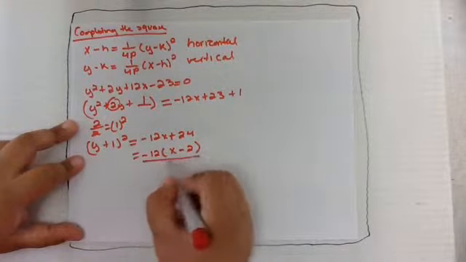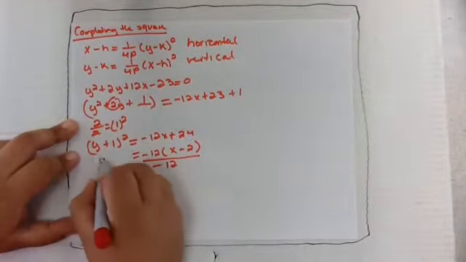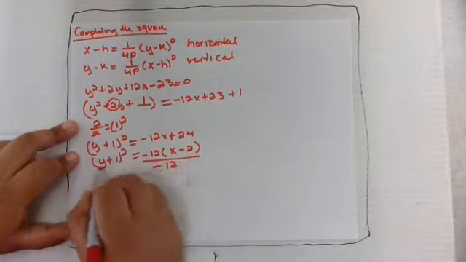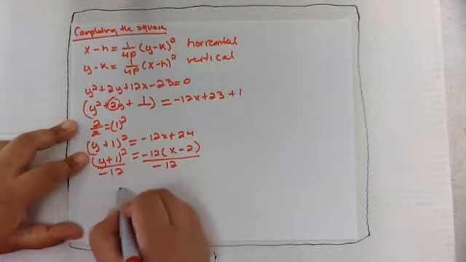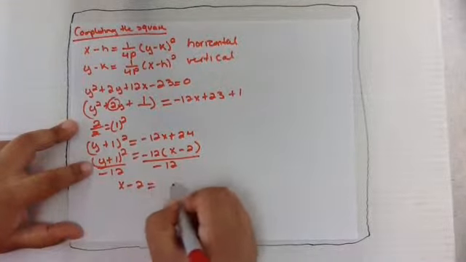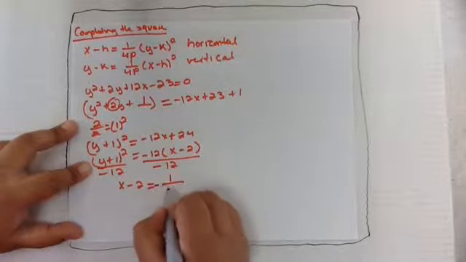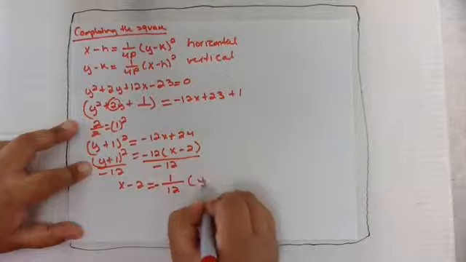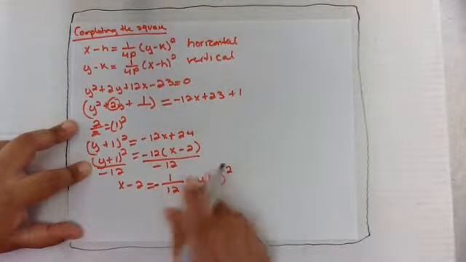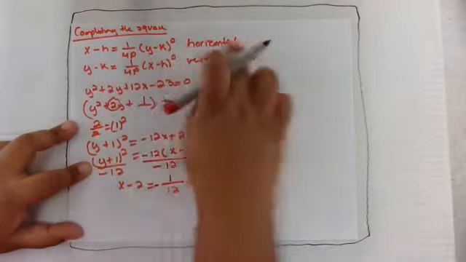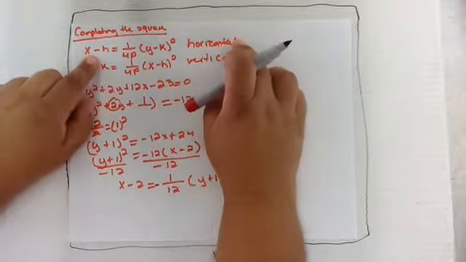Now I'm going to divide both sides by negative 12. So then I have that x minus 2 equals 1 over negative 12 times y plus 1 squared. So now it looks like the standard equation of the horizontal.